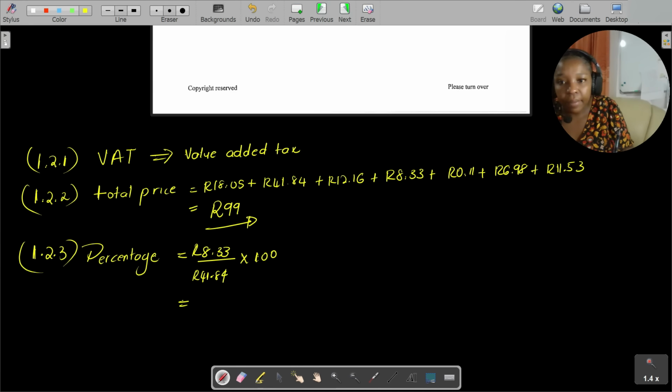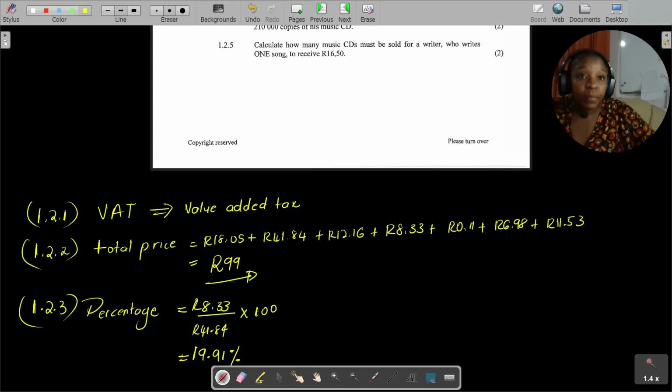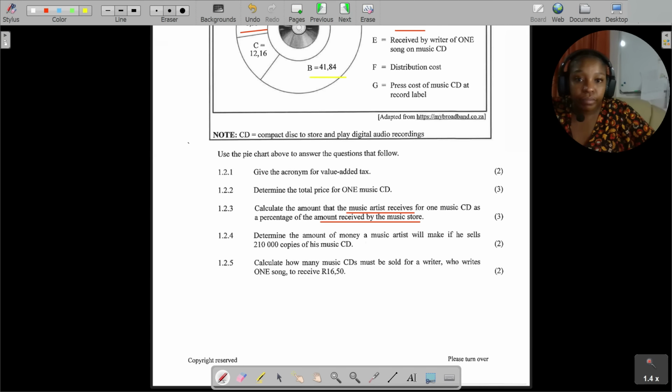You get 19.91. It's not 19 rand because the rands cancel, so it's just 19.91%. That's the amount that the music artist receives for one music CD as a percentage of the amount received by the music store. Okay, cool stuff.